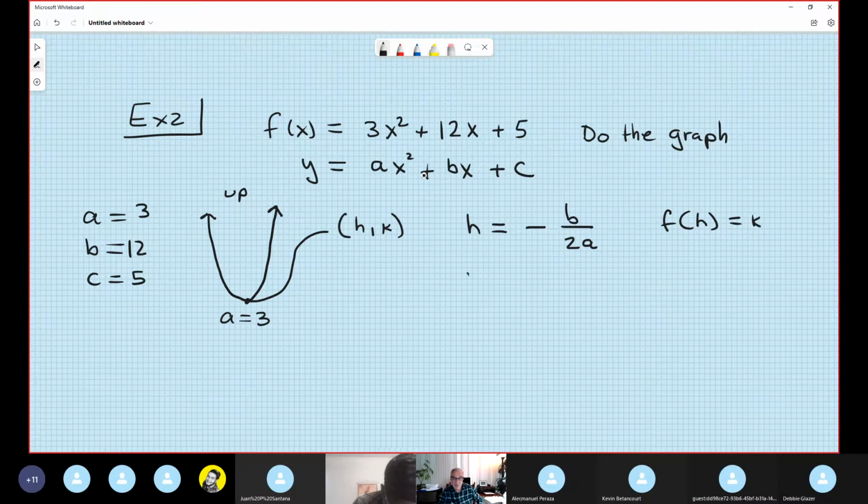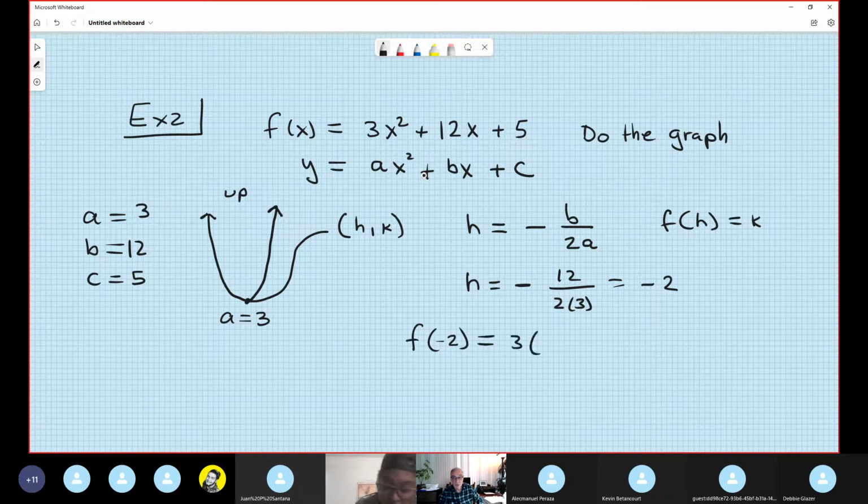In our specific example, H is equal to minus B, which is 12, over 2 times A, which is 3. So 2 times 3 is 6, and 12 divided by 6 is 2, so H is negative 2. And for K, you evaluate f at negative 2.